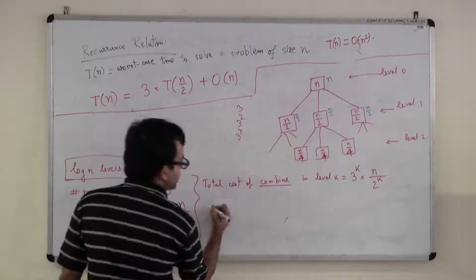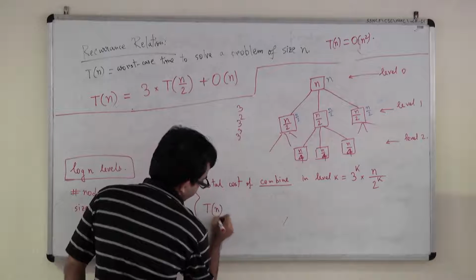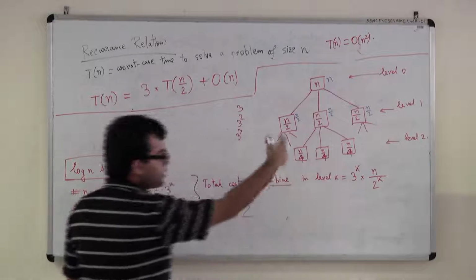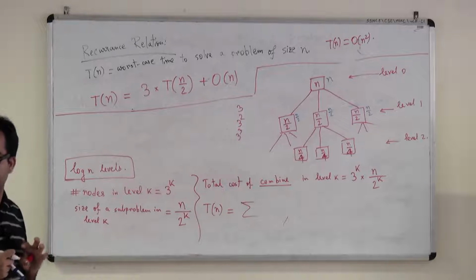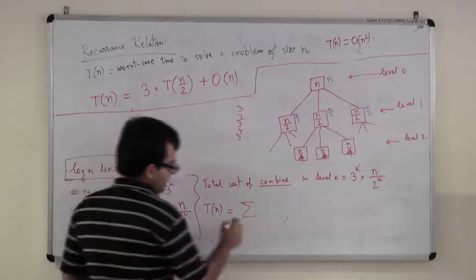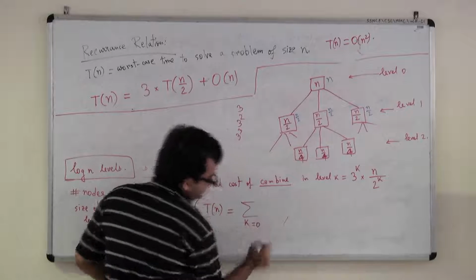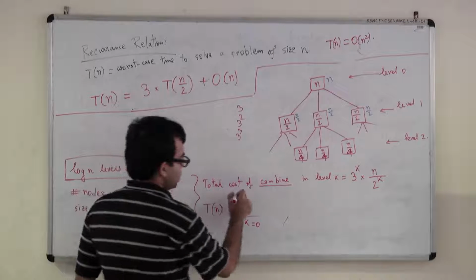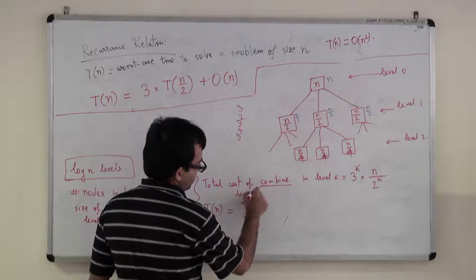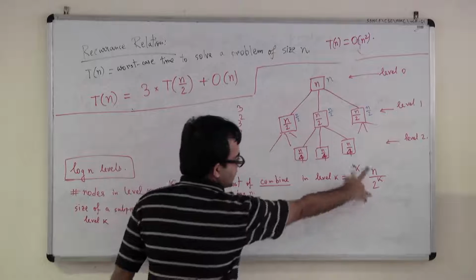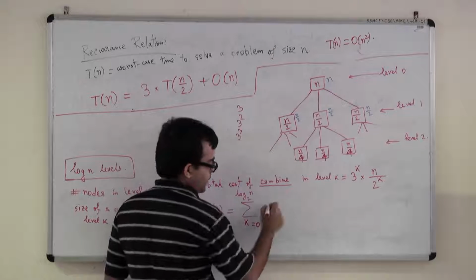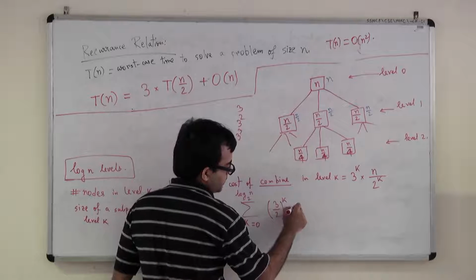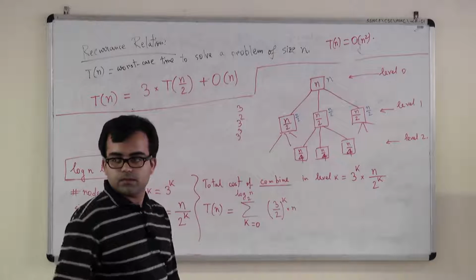So what is then T(n)? You just sum up all these costs across all these levels. So this will be this huge sum. It starts from K equal to 0. And how many levels will it have? Log n, so log n to the base 2. This term will be the cost in level K. So I am just writing this as C by 2^K times n.